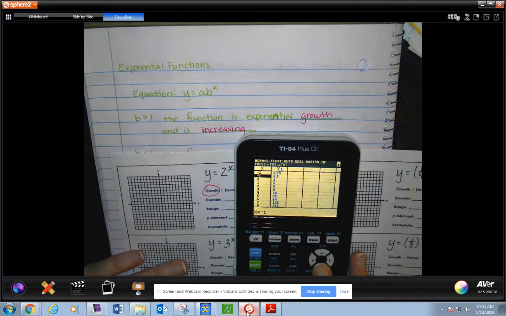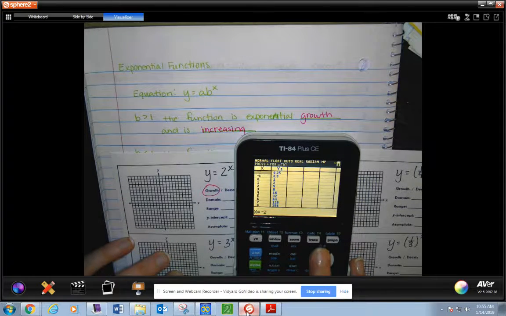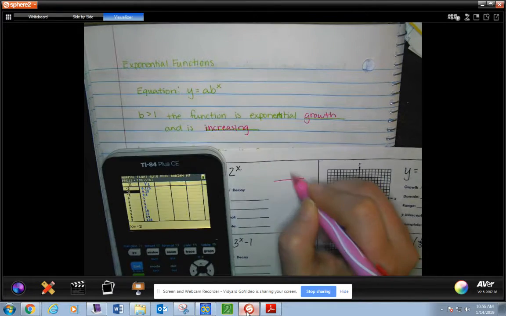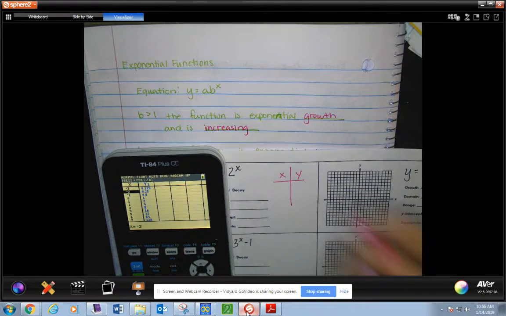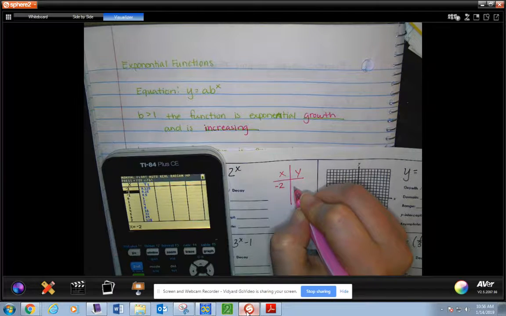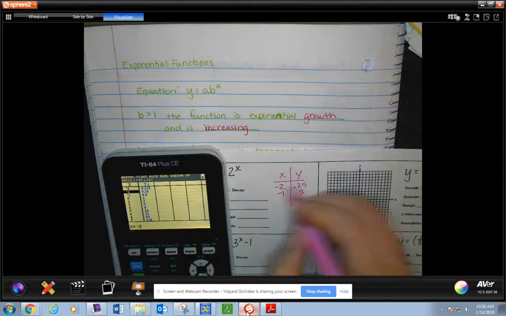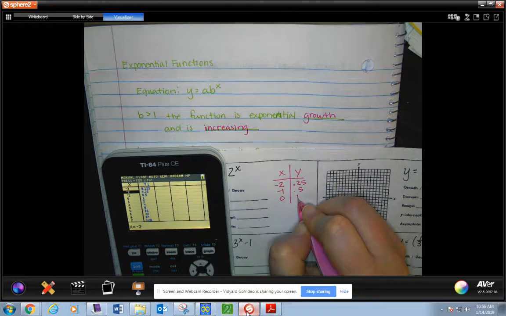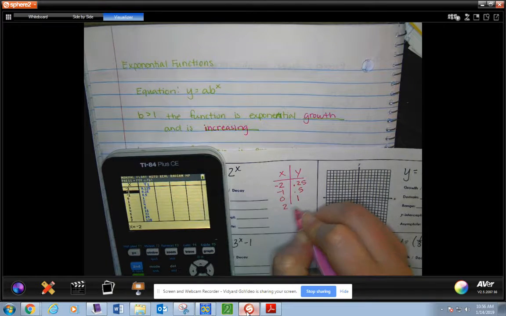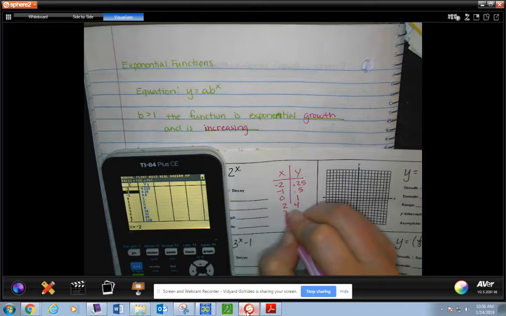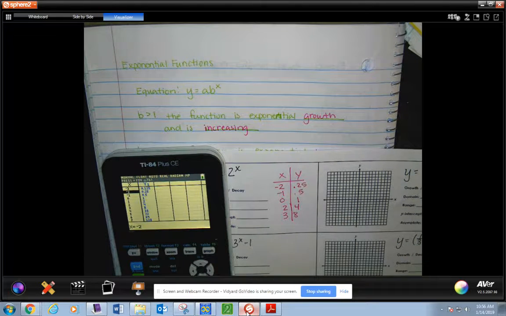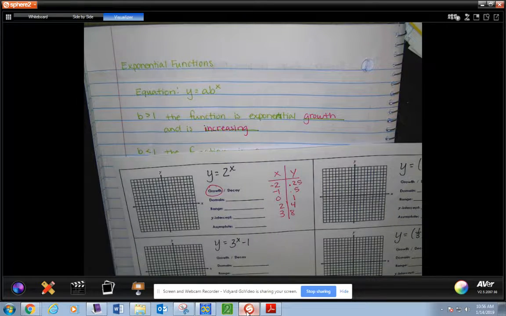So I'm going to start you with -2. I'm going to make a little table. This is my x, this is my y. I'm going to say we have -2 and 0.25, -1 and 0.5. We have 0 and 1, 2 and 4, 3 and 8, and I can't plot 4 and 16 because my graph doesn't go up to 16. So I'm looking for numbers I can plot.